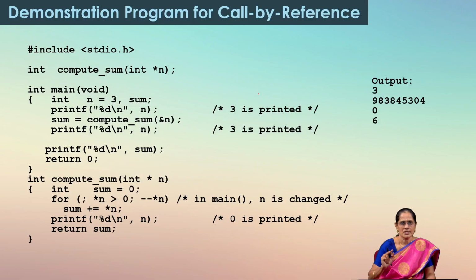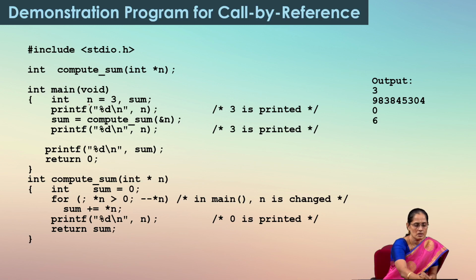Okay. Now, let us take the same program we demonstrated for call by value. We will now implement the same program for call by reference. In the same way, I am assigning the n value to be 3 and displaying the n value, so obviously 3 would be printed before the function call. Now, in the compute sum function call statement, we are passing the address.